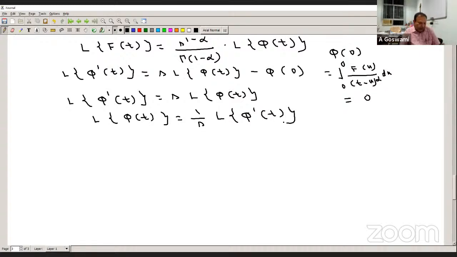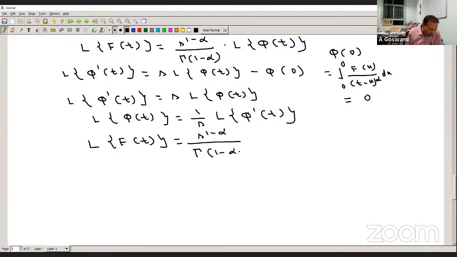So if you put this value into the earlier equation, where we have written the Laplace transform of f(t) equals s to the power 1 minus alpha by gamma(1 minus alpha) into the Laplace transform of phi(t), you will obtain the Laplace transform of f(t) equals s to the power 1 minus alpha by gamma(1 minus alpha) into 1 by s Laplace transform of phi dash t.